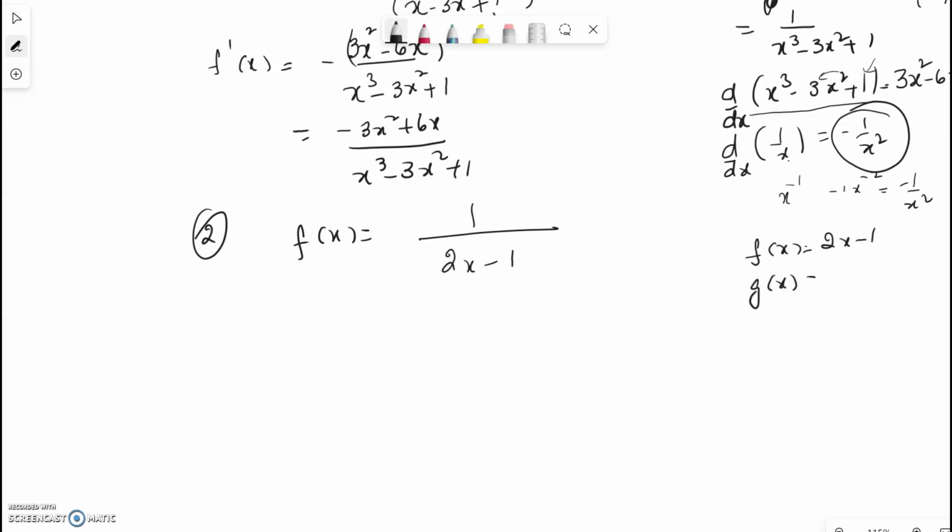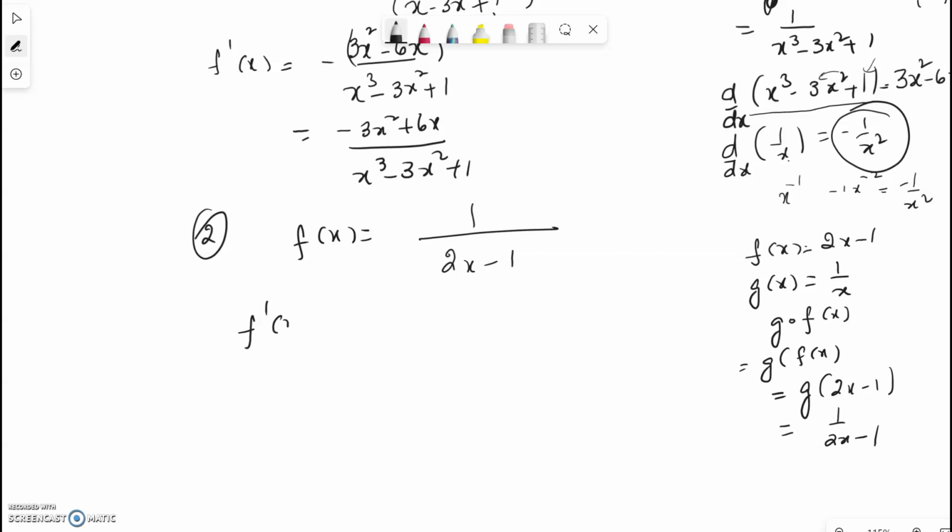G of x flips that function, so it's the reciprocal function. So g composition f of x is g of f of x, which is equal to g of 2x minus 1. And when you flip it, we get 1 over 2x minus 1.